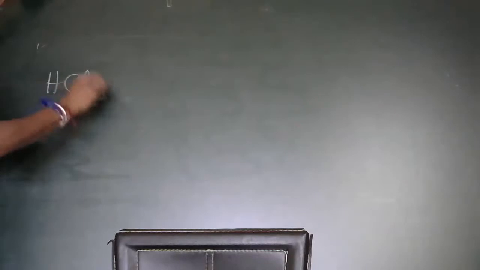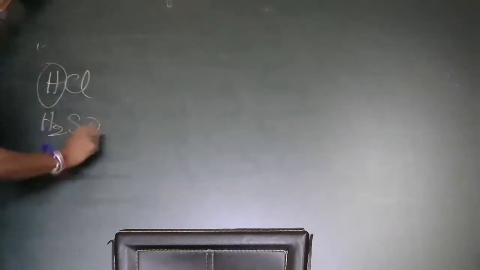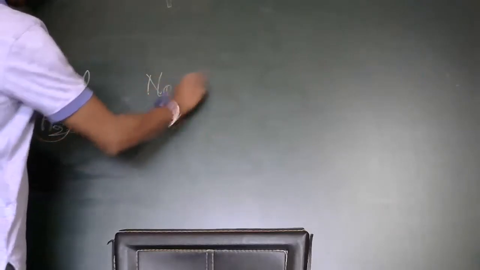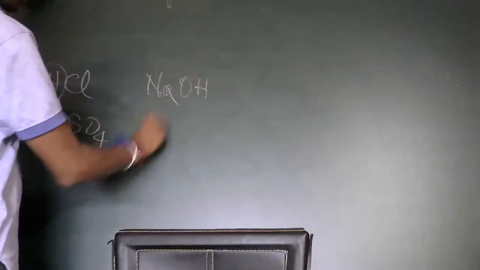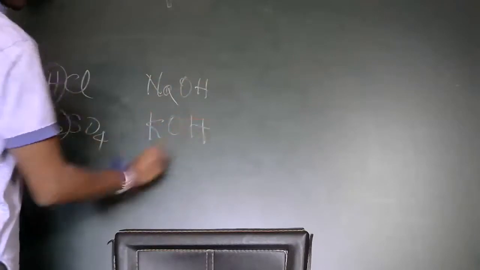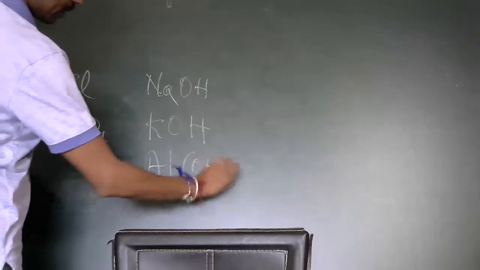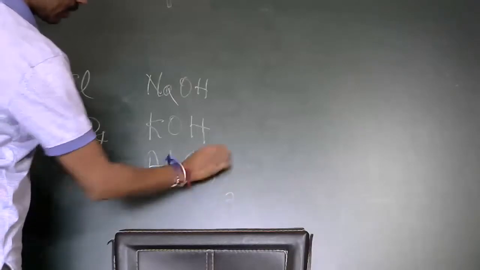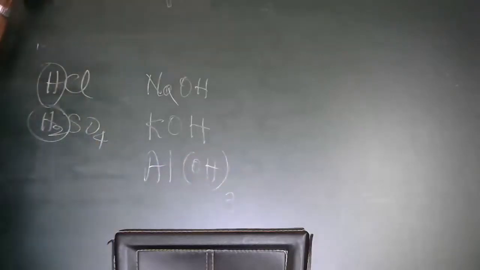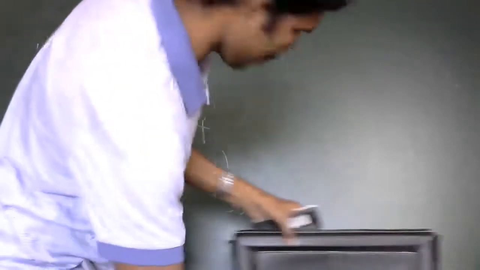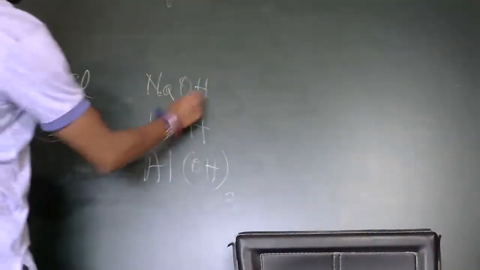If we take HCl, it has hydrogen. H2SO4, sulfuric acid, has hydrogen. If we take bases like NaOH or KOH or Al(OH)3, what they have in common is that bases will have hydroxide.